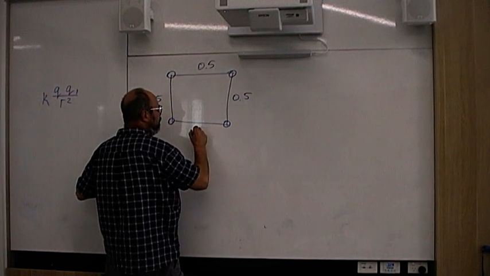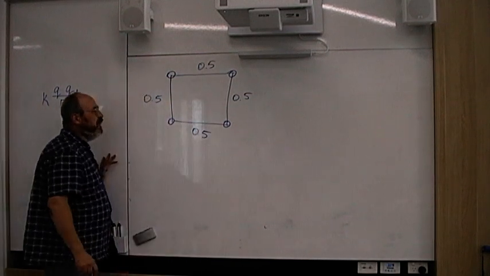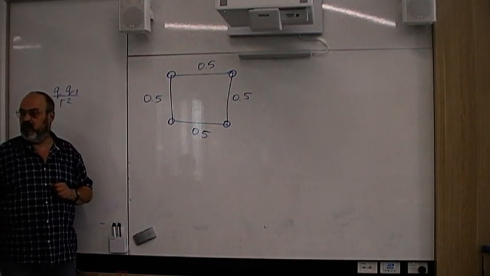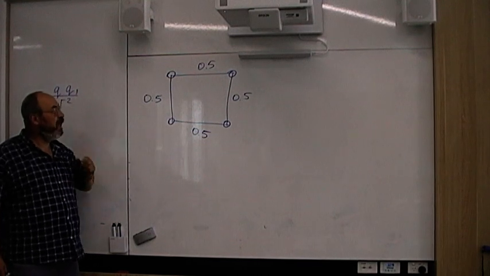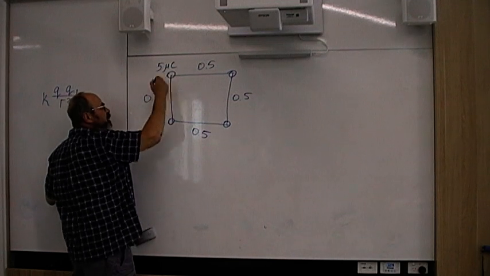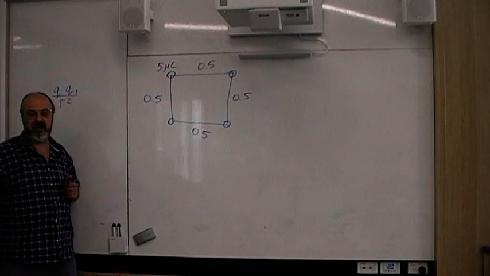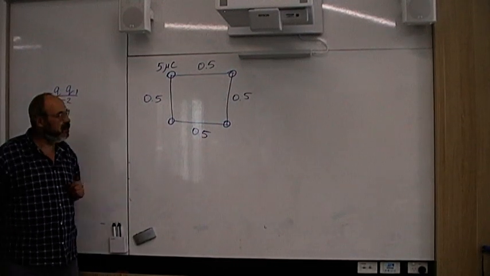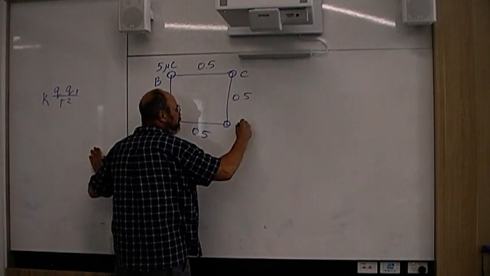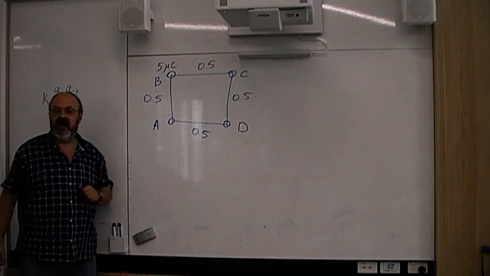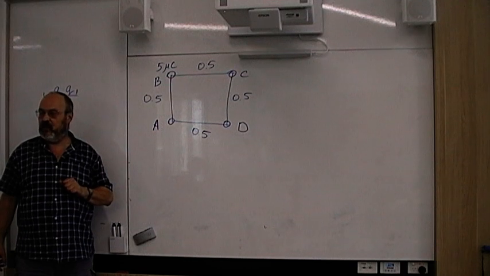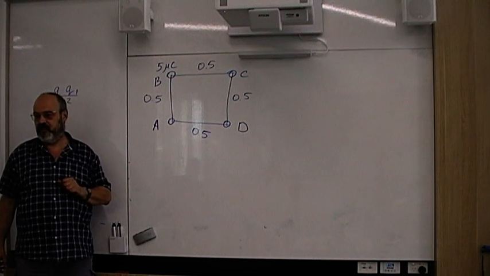To make it easier, all charges will be the same and positive, 5 microcoulombs each. We have A, B, C, D. The question is: find the overall force on the charge D.